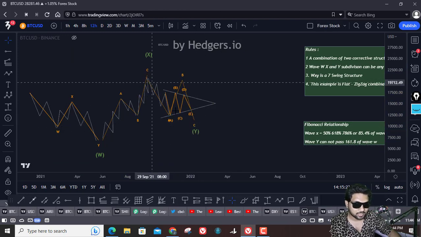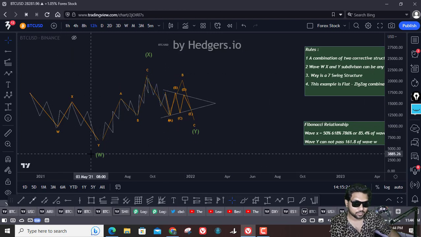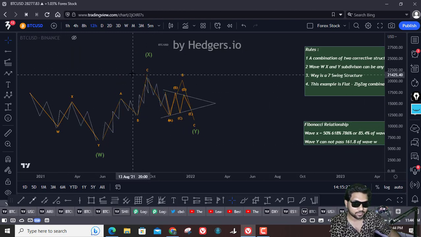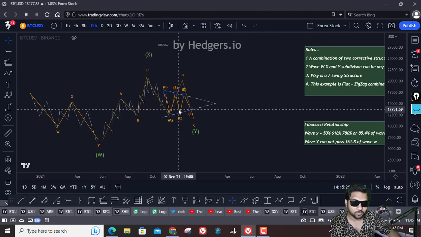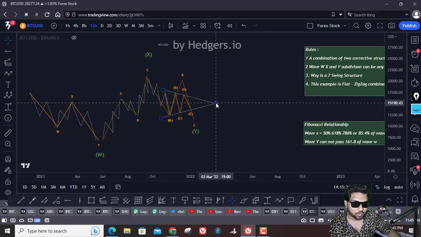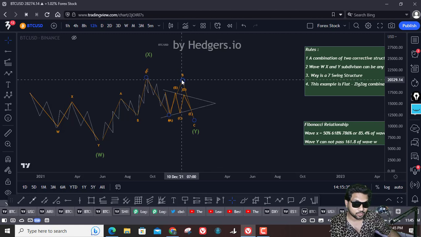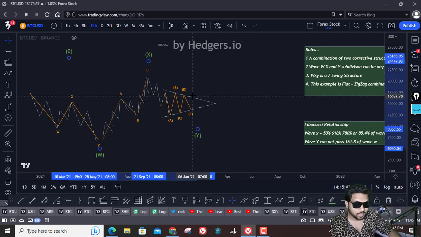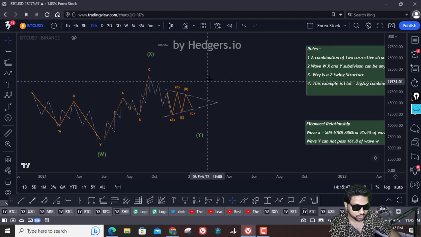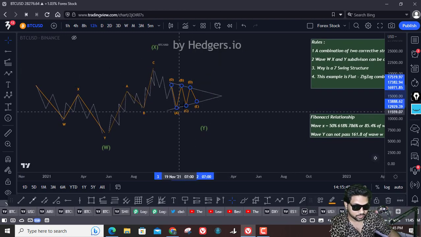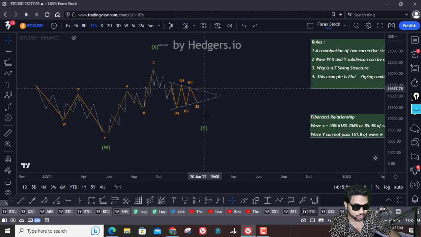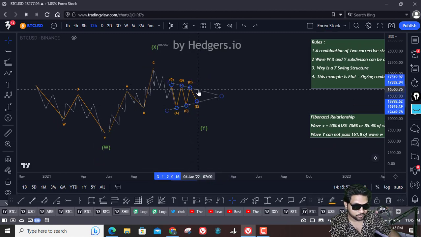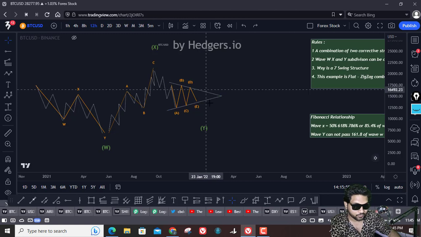Okay. Sometimes it happens that the W, X, and Y make the triangle correction, the complex structure of the corrective wave, also known as your Y wave. Okay, I just need to draw this exactly to the low here, because it's not supposed to be that much at the higher values, higher degree.